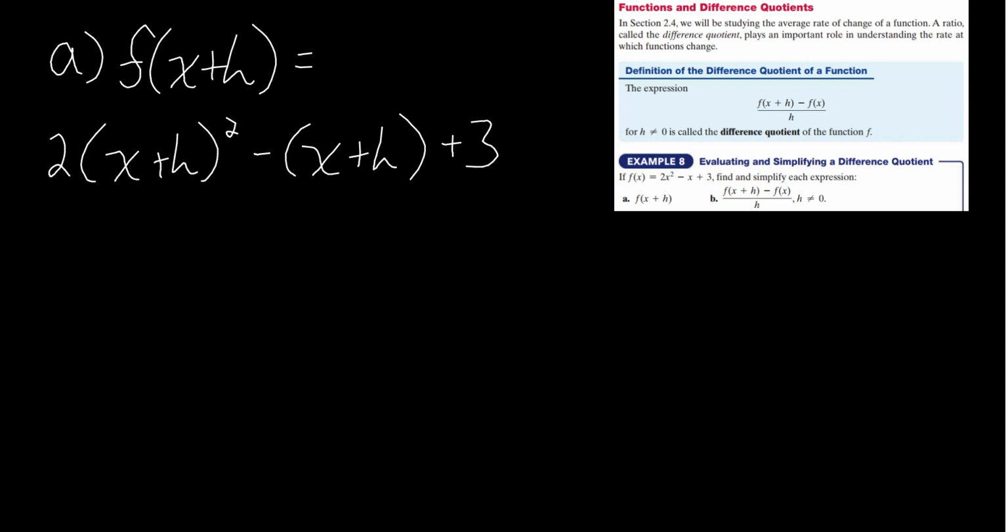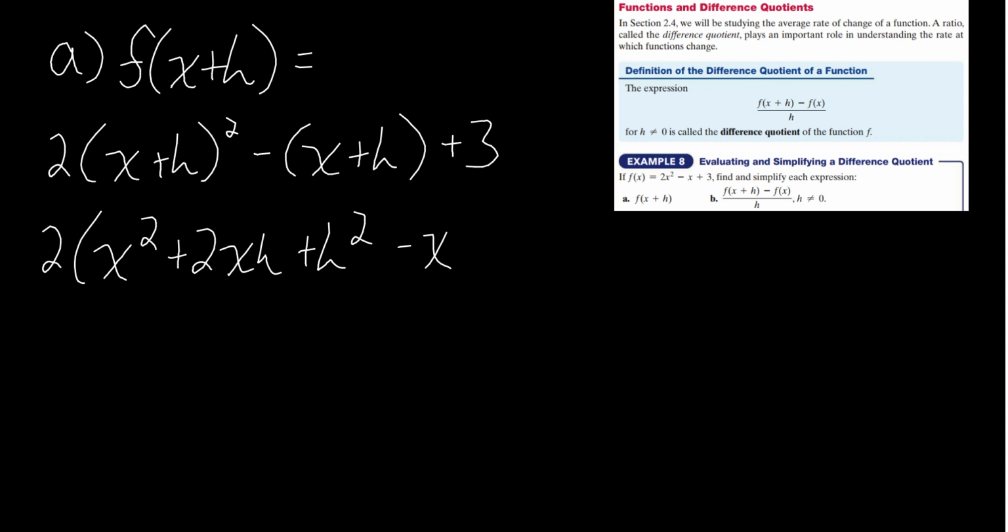And then if we do the arithmetic here, we're going to have to expand this, so it's going to end up being x squared plus 2xh plus h squared, and then we distribute that negative sign through, so minus x minus h plus 3.